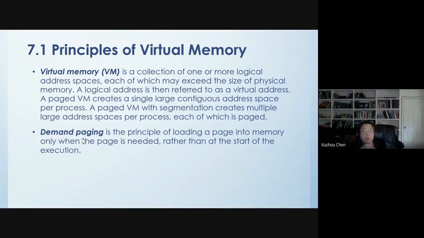But in general, we always assume that physical memory is larger than the logical memory. That makes sense because when you run a program, we have to load it into the physical memory.